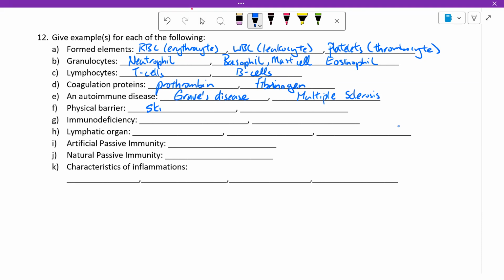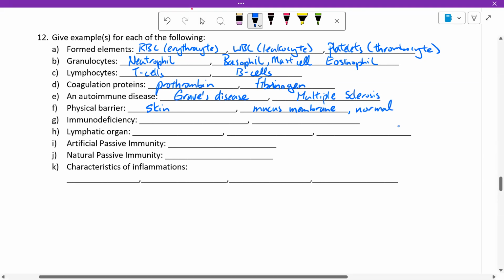Okay, physical barrier: skin, right? Mucous membrane, normal flora. Normal flora are the microorganisms that live on us and in us, right?